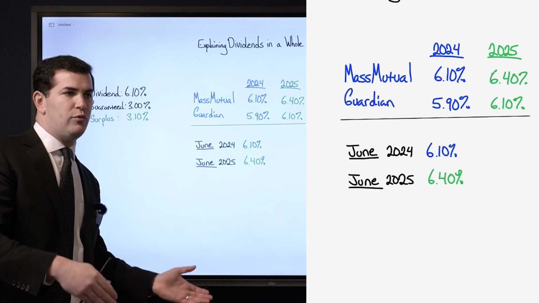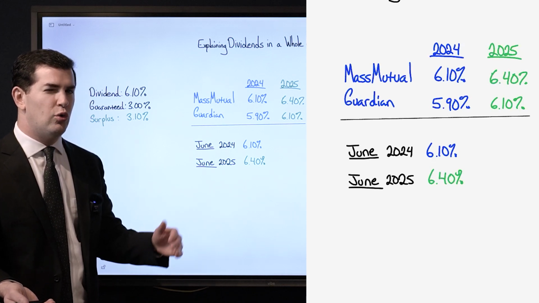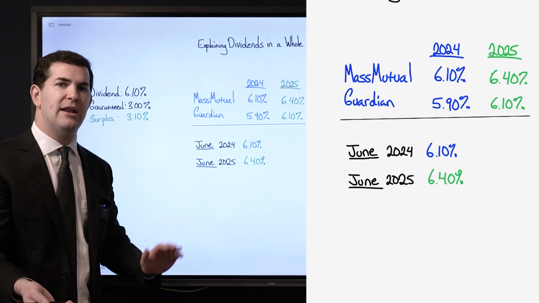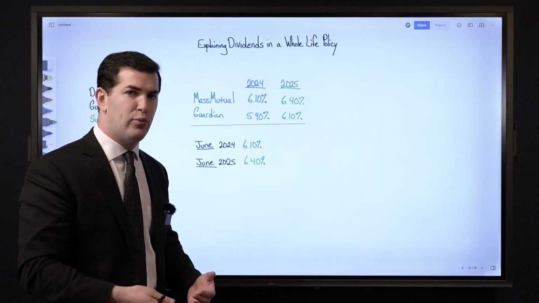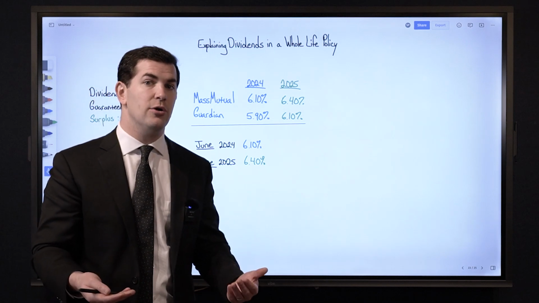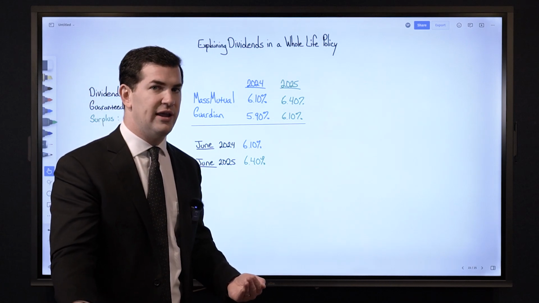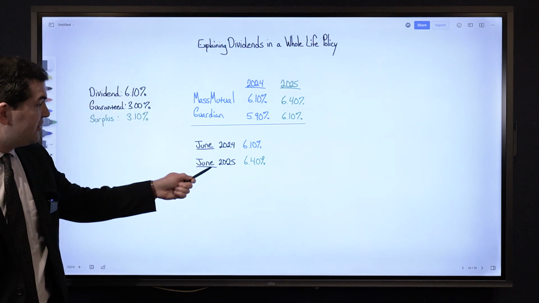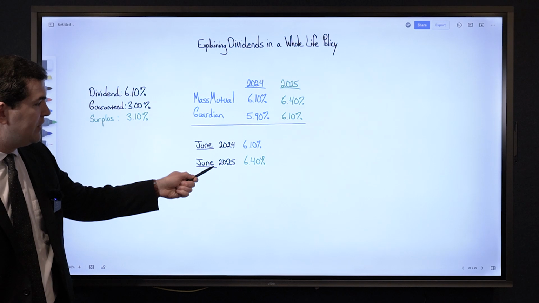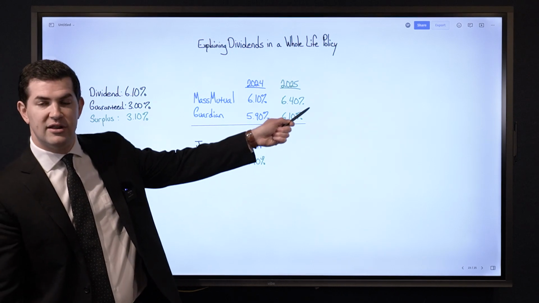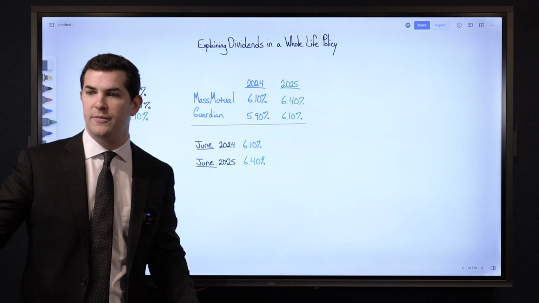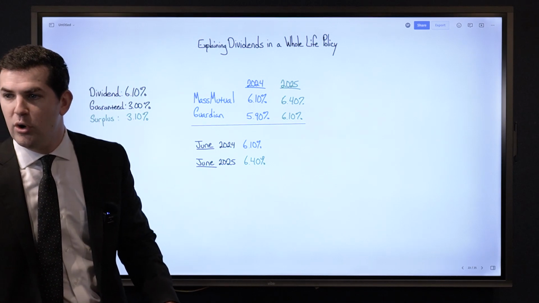And you can always ask your agent too, what dividend rate am I getting right now? Because what an agent can see on their agent portal is the dividend year that your policy is currently in. So it's not until you hit the policy anniversary date that you begin to receive the updated dividend rate that the company is paying for that year. All right, let's continue on.